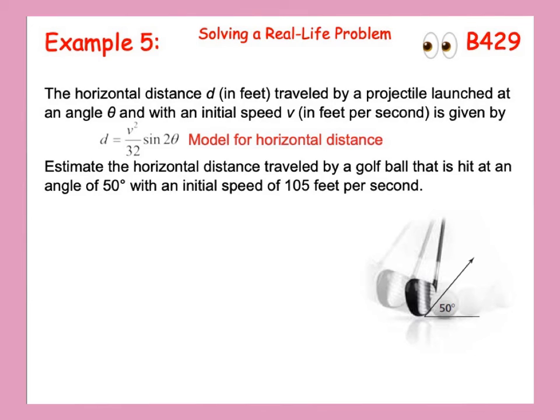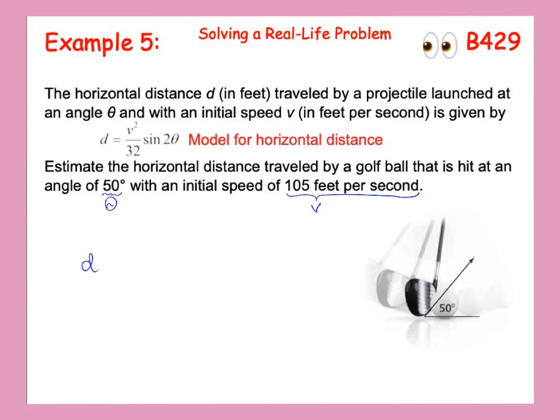So let us identify the variables. The 105 feet per second is going to represent our initial velocity. Theta is going to be our 50-degree angle. And that's what we need in order to calculate the horizontal distance.